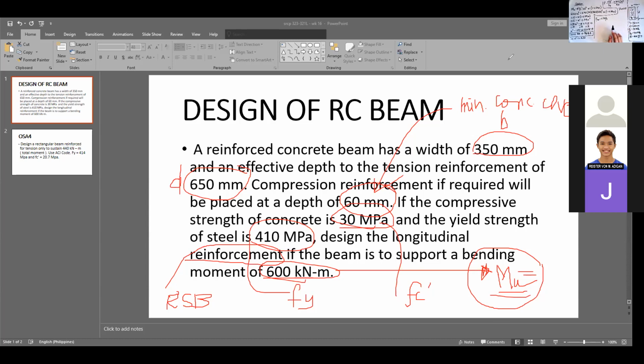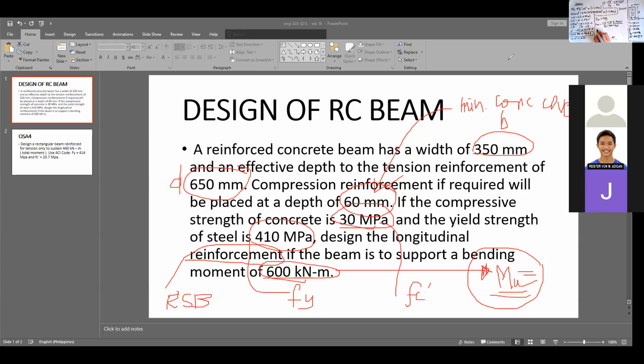Then we are going to check also with the minimum. Okay. So we are going to check whether we have provided enough steel concrete ratio. So rho maximum is 75% of rho balance. Rho balance is 0.85 Fc prime beta 600 over Fy times 600 plus Fy, wherein the value of beta is 0.85 because Fc prime is not more than 30 megapascal.